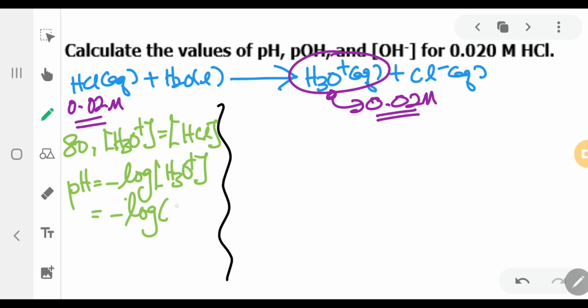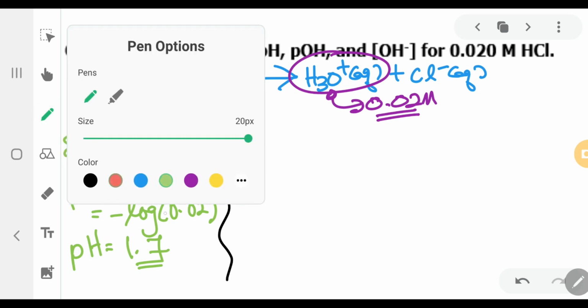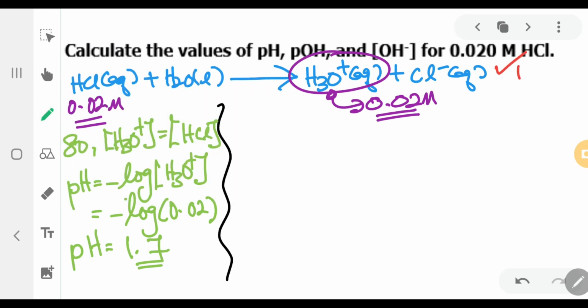Negative log 0.02, and the pH value is about 1.7. Okay, you get 1 mark for the balance equation, 1 mark for the formula here, and 1 mark for getting the right pH. So we're done with finding pH.